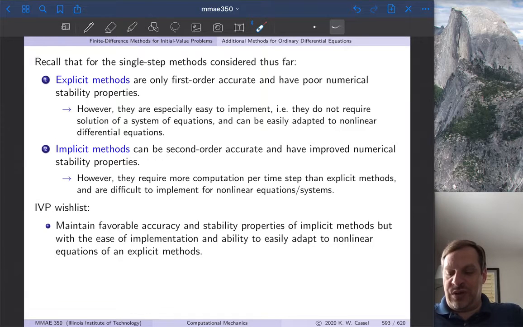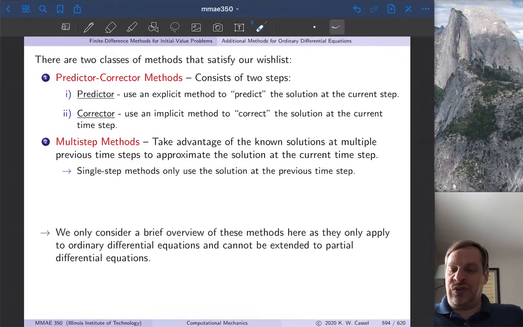But if we could keep the ease of implementation and ability to adapt to nonlinear equations of explicit methods, then we'd have a perfect method, so to speak. So there are two classes of methods that do this. One is called Predictor-Corrector, the other is called Multistep Methods, and they both are exactly what they sound like.